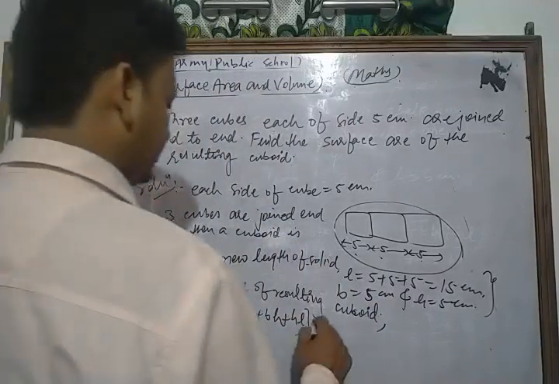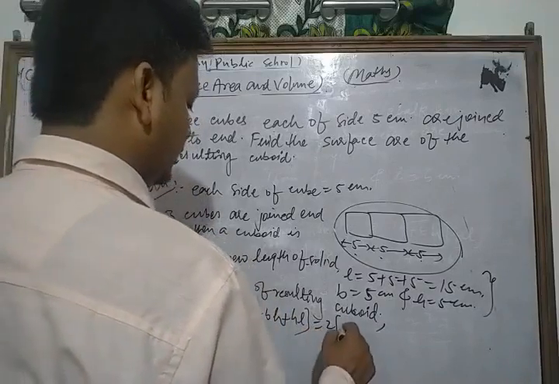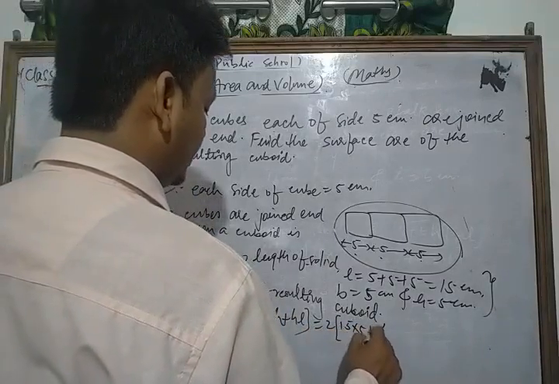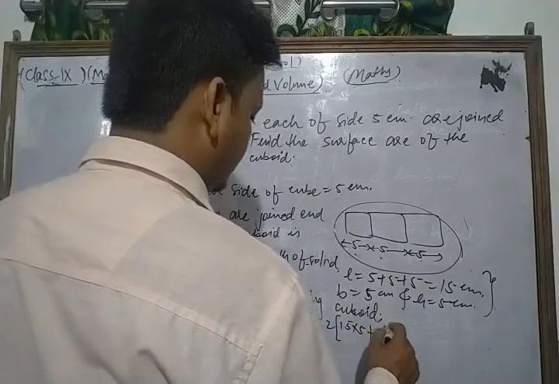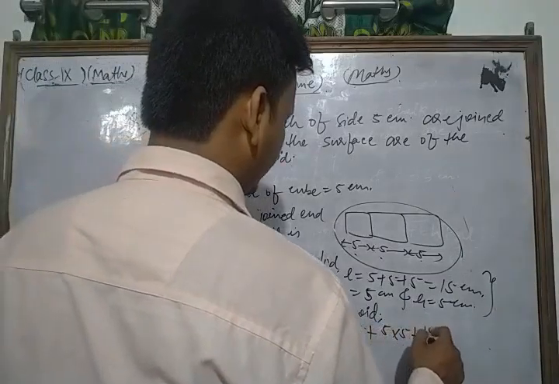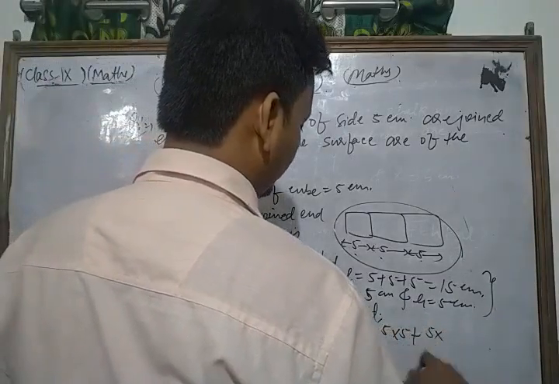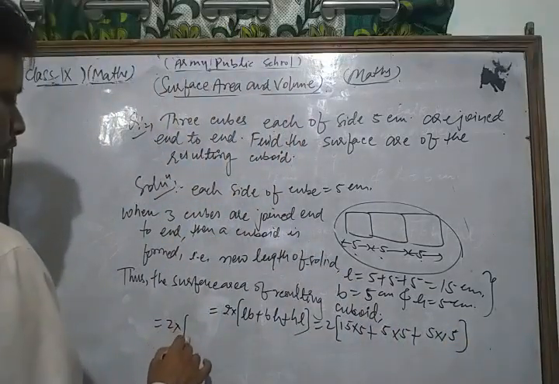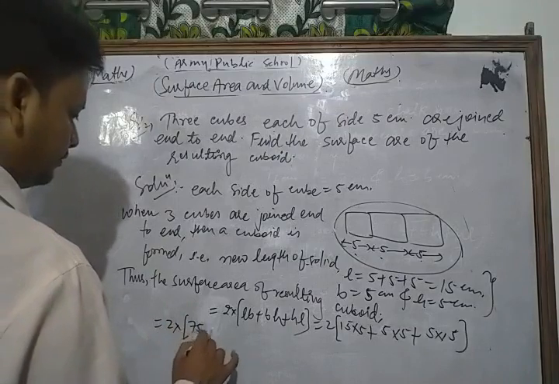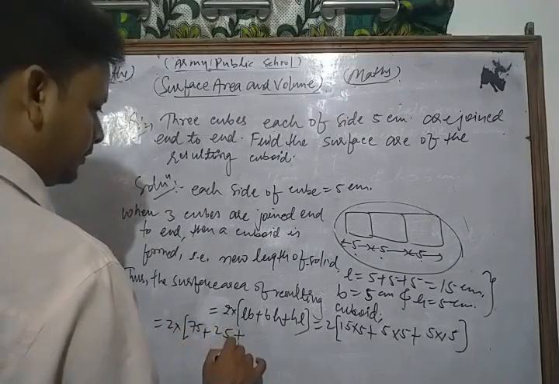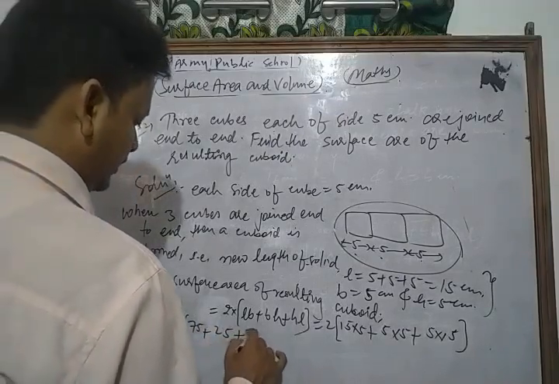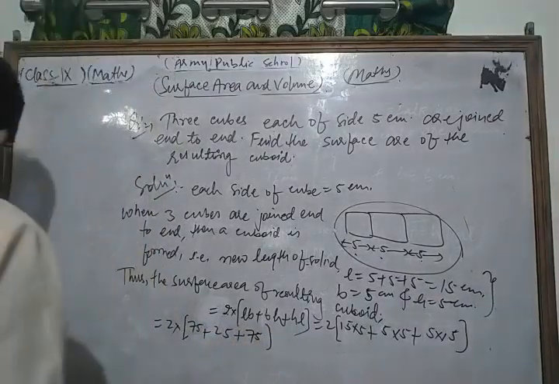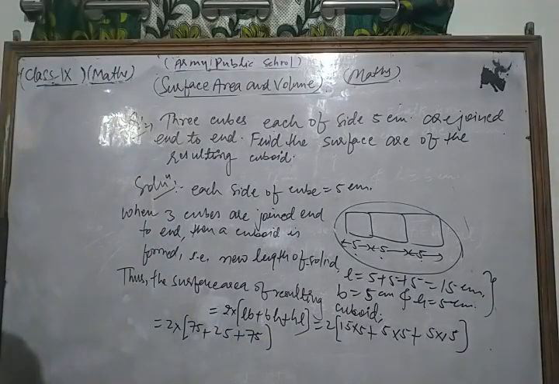Now we put all these values. L into B means 15 into 5, plus B into H means 5 into 5, plus 5 into 15. Okay, now we simplify them, so we get 2 into 75, 25, 75, 25.